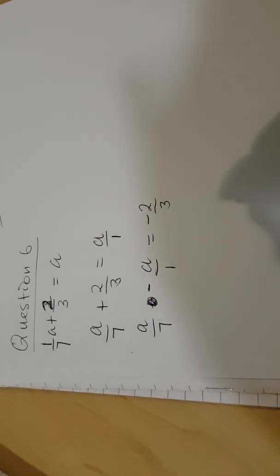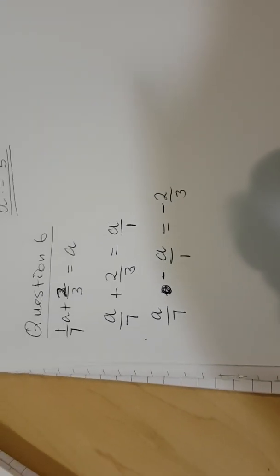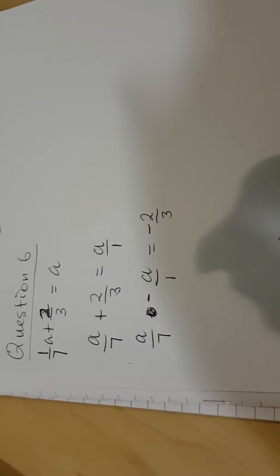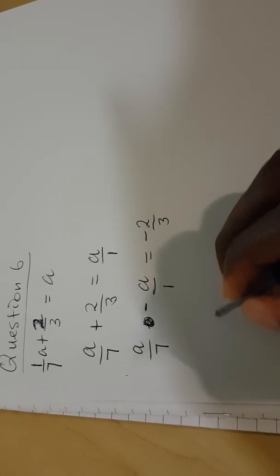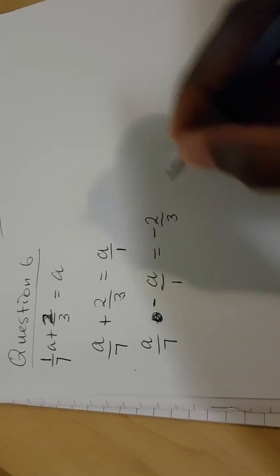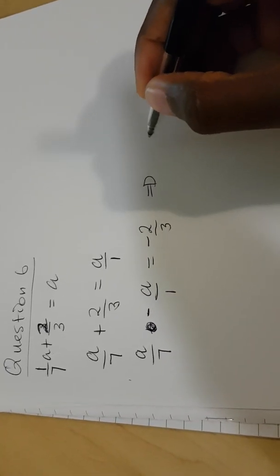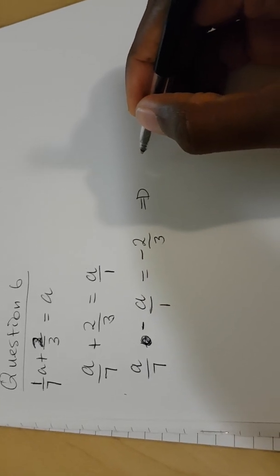Now here's the thing, you have to solve this one first. Okay, so what I'm going to do, I'll say 7 times 1 and then I'll get my LCD. Let me do it this side so that it's gonna leave some space here.